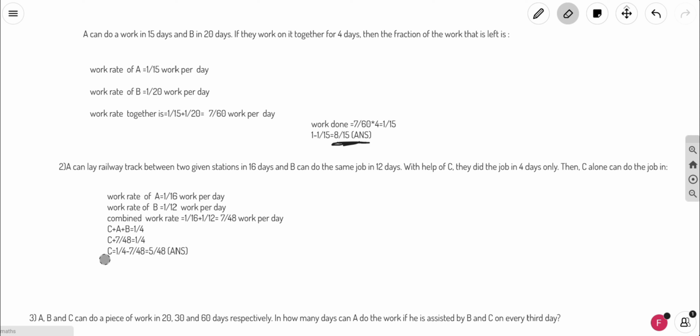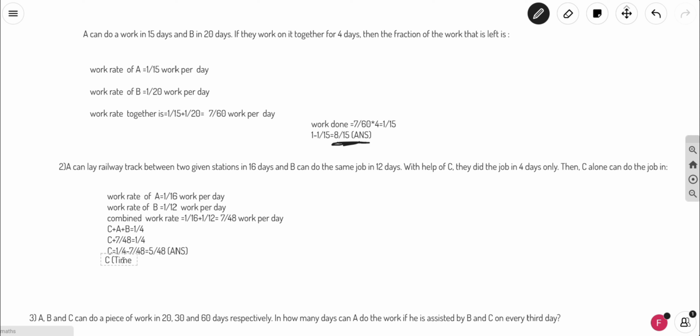Now we have a mistake in question 2. We found the work rate of C, but we have to find the time, not the work rate. So time is equal to 1 upon work rate.